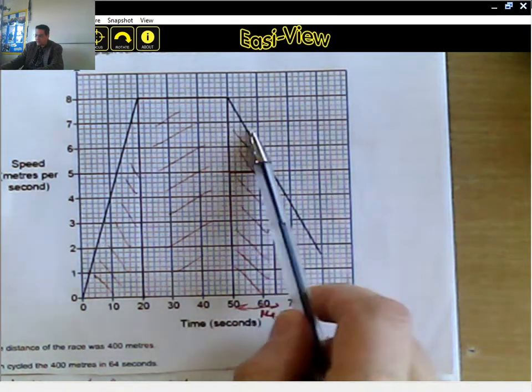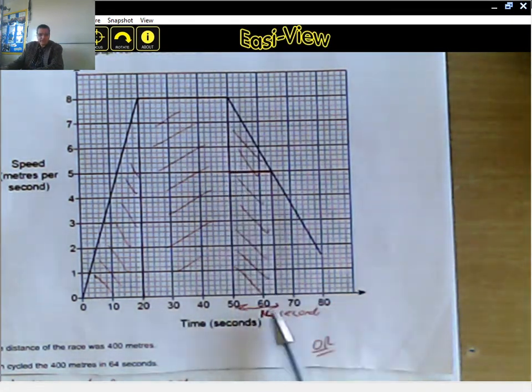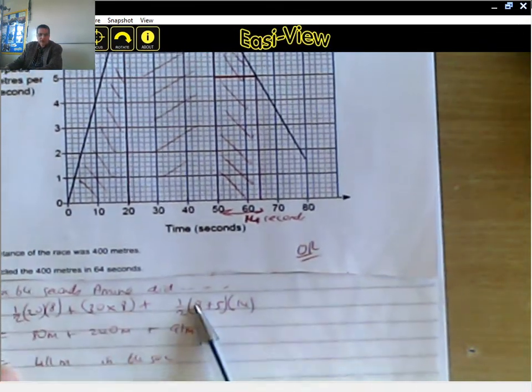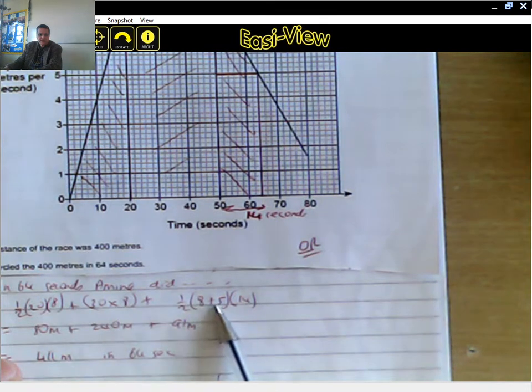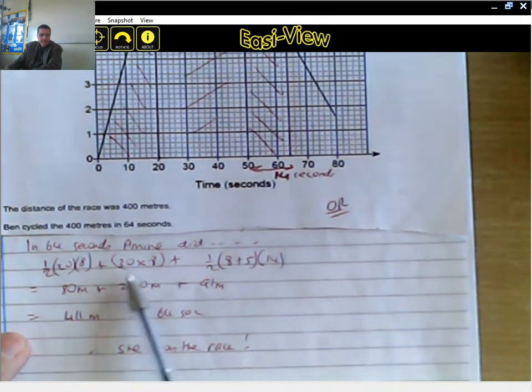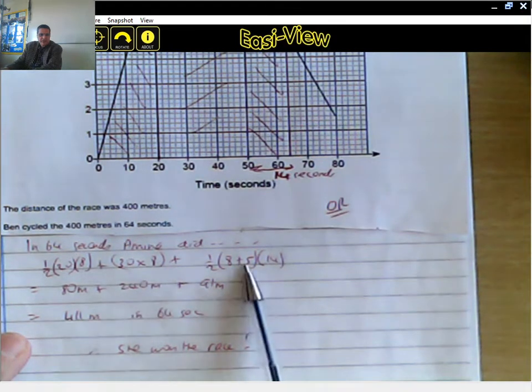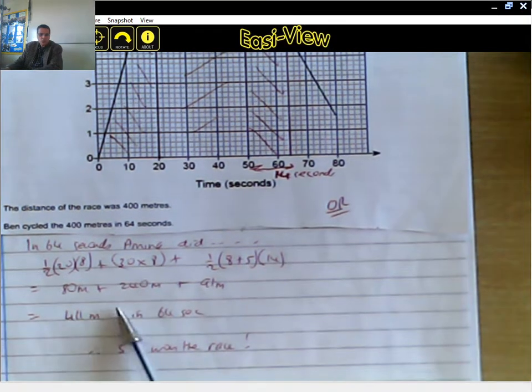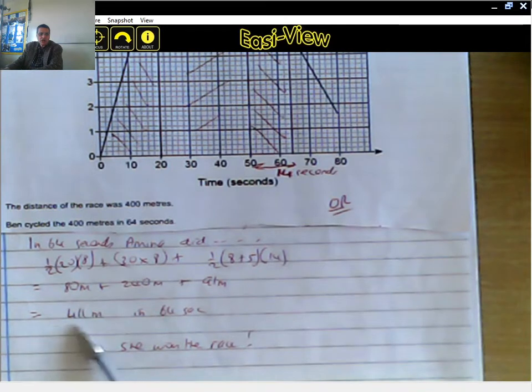Imagine that's a trapezium standing up on its end, and the height of it from 50 to 64 is 14. So the last part will be half times 8 plus 5 times 14. That's 91. That bit's 80, that bit's 240. That comes to exactly 411.